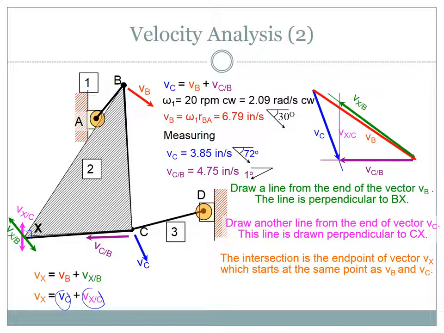So VXB and VCB. VXC is in that direction. So therefore Vx is this line here. So both will give the same result actually.